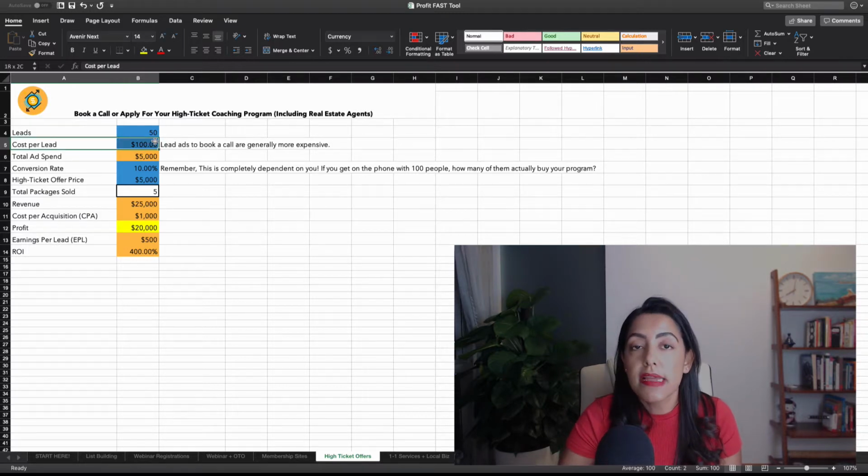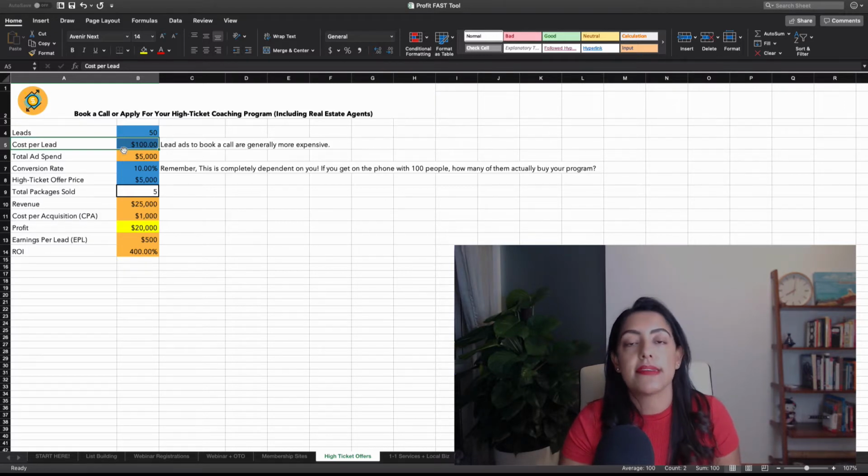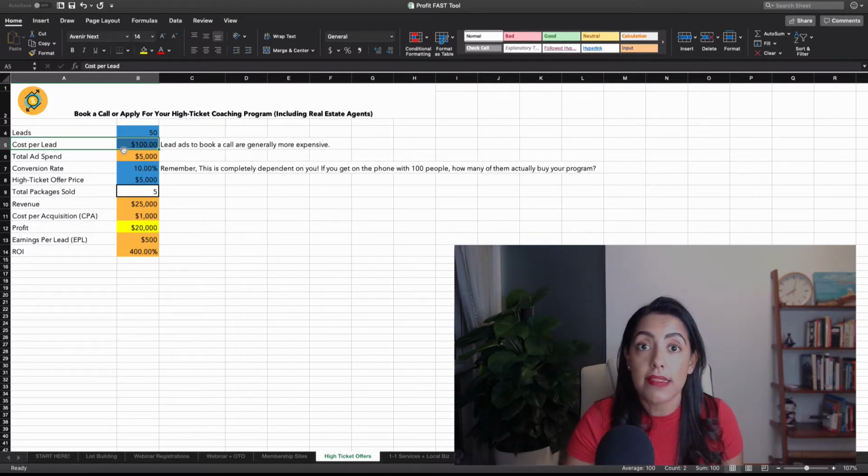Same thing for real estate agents doing house showings. They're going to have to pay more for a lead, but at the same time, once they sell that lead, they make a lot more back.